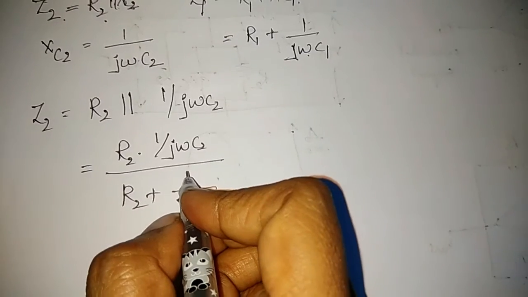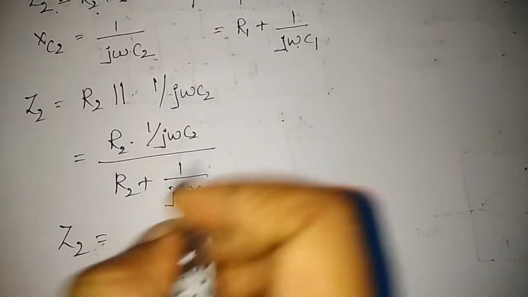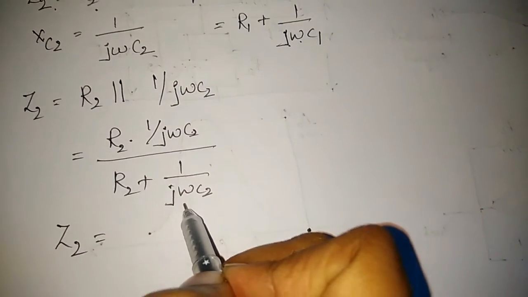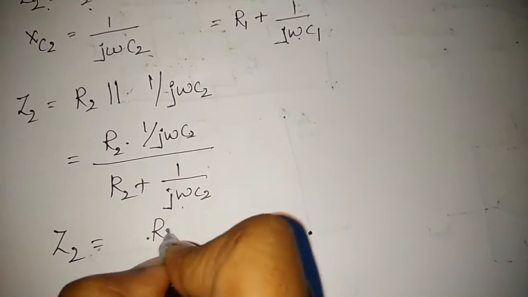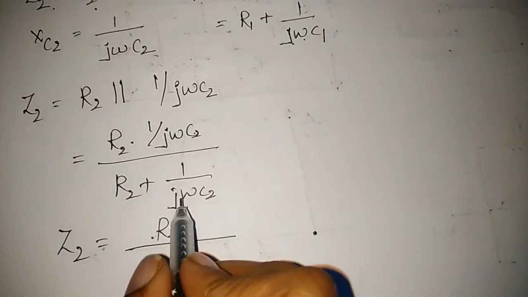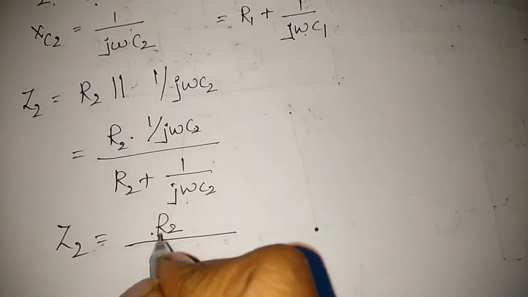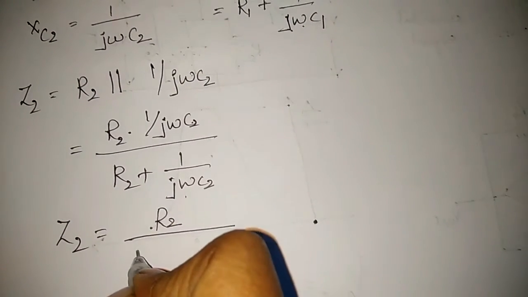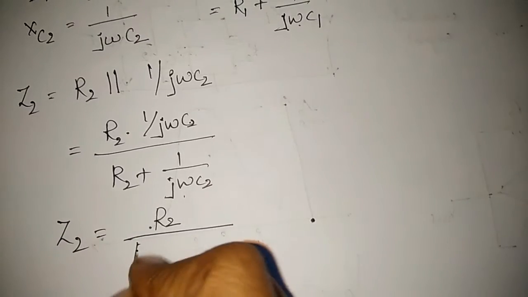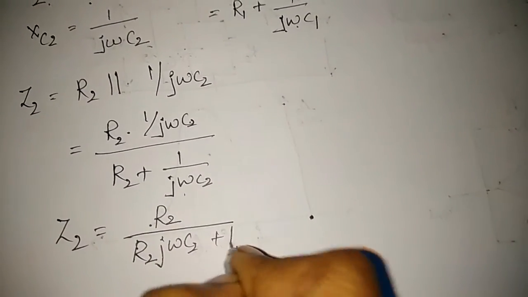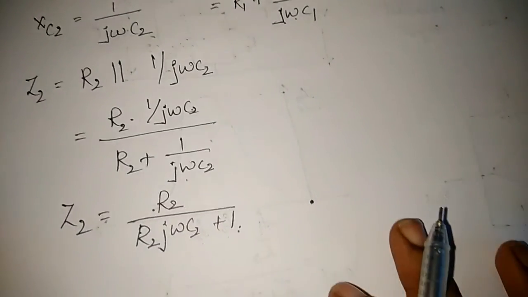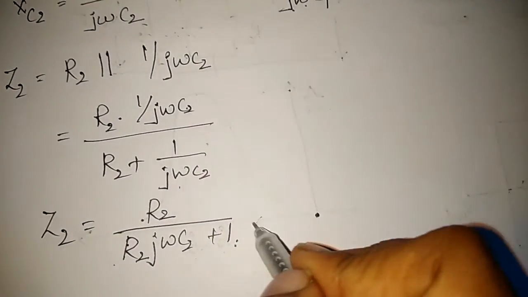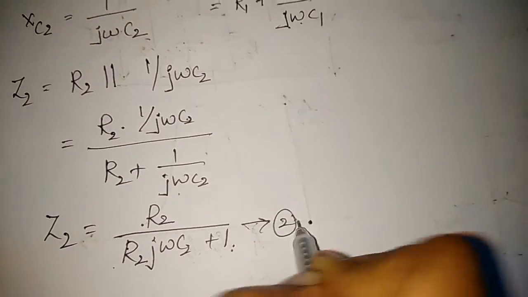Simplifying this, this and this will get cancelled. So we'll get R2 divided by, taking the LCM, R2 j omega C2 plus 1. So this is what your Z2 is. Let me take this as equation 2.